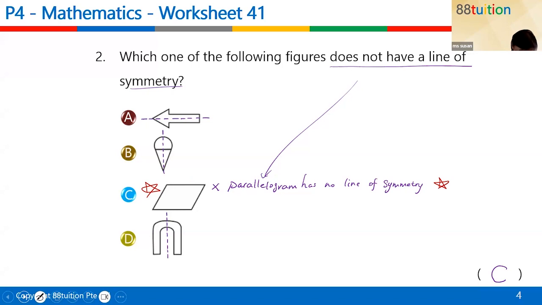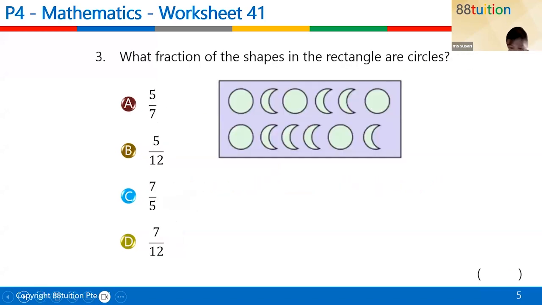So next question. What fraction of the shapes in the rectangle are circles? So these are circles, and he wants to know the fraction. Circles will have 1, 2, 3, 4, 5 circles. But inside the rectangle, you will have 1, 2, 3, 4, 5, 6, 7, 8, 9, 10, 11, 12.